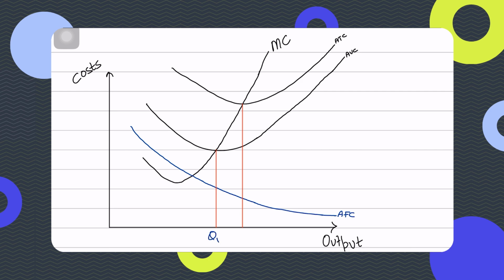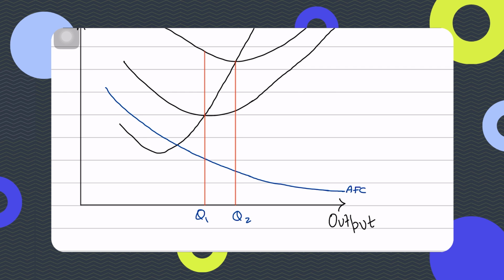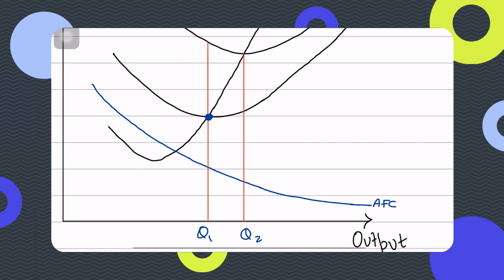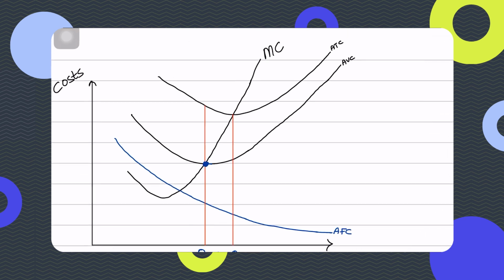So let's say this is Q1 and this is Q2. If I extend this, you can see that the marginal cost curve intersects the average variable cost curve's minimum point at a quantity of Q1, right? After Q1, as you're increasing output, your average variable cost turns and starts increasing.